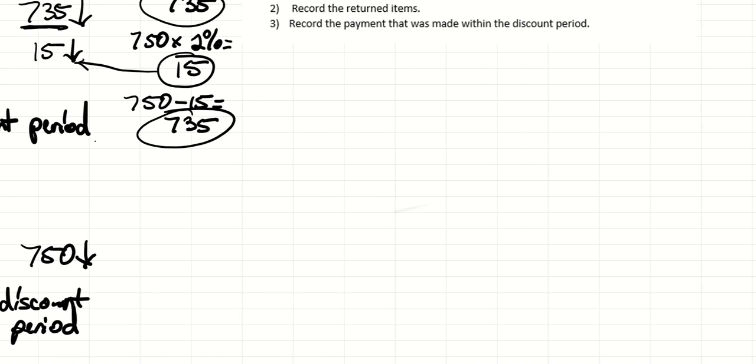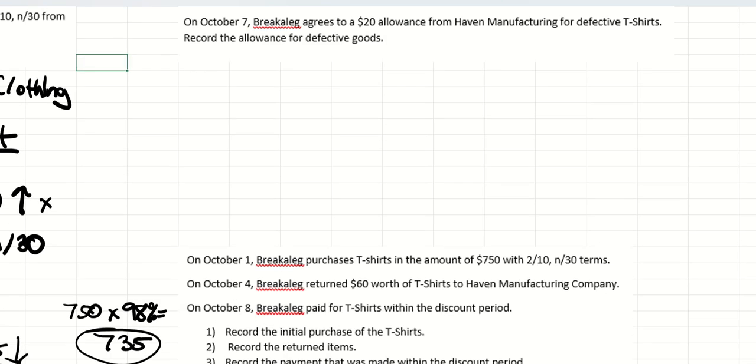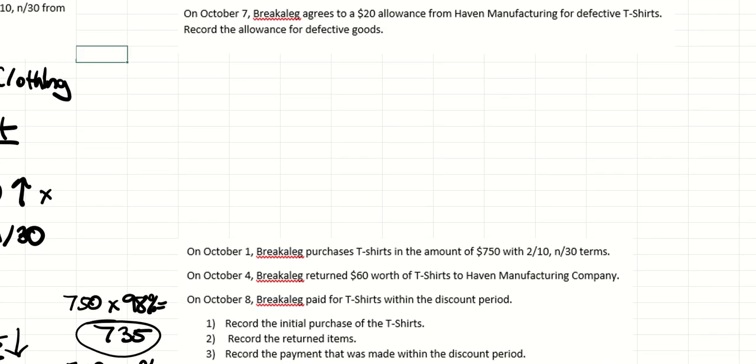All right, now I'm going to go over here to the other side, because there can be some other things that can happen when it comes to adjusting a balance given the purchase that was made. Returns can happen, allowances can happen, other things can happen besides just adjusting your books to account for a discount.